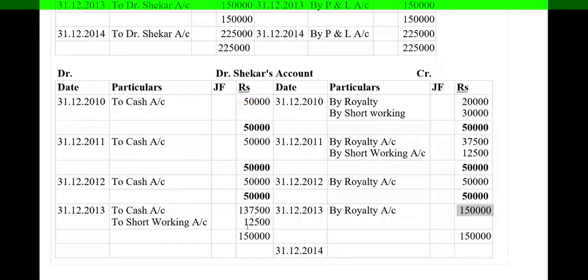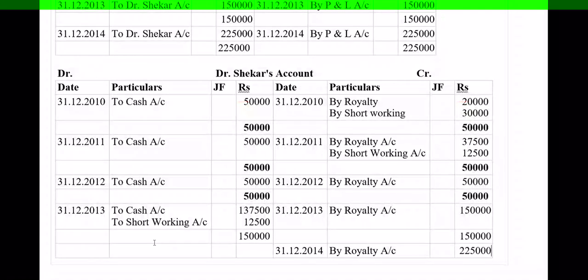Now let's go for the fourth year. So when the royalty is payable, then the entry will be royalty account to Dr. Shakers account. So Dr. Shakers account is credited by royalty account. So it is rupees 2,25,000. Then when it is paid on 31st/12/2014, then the entry will be Dr. Shakers account debit to cash or bank account. So to cash account.